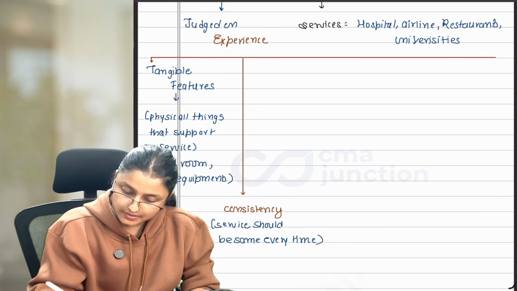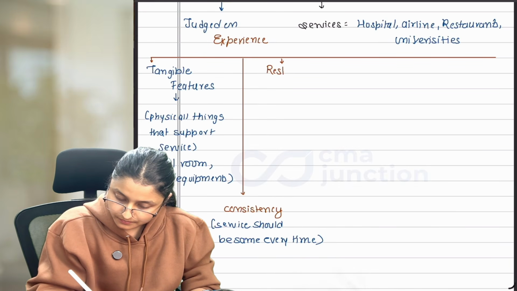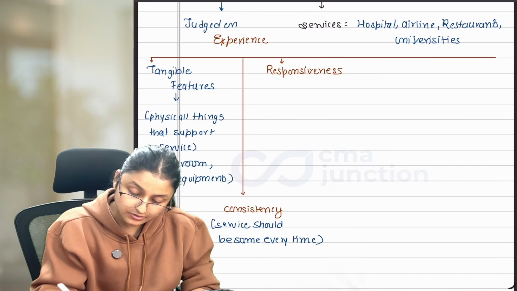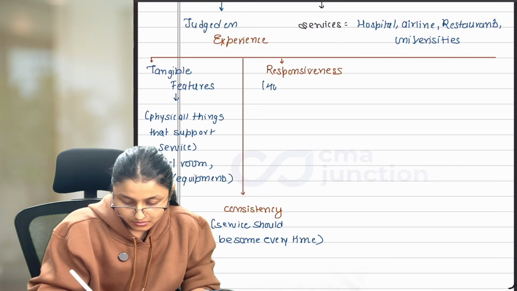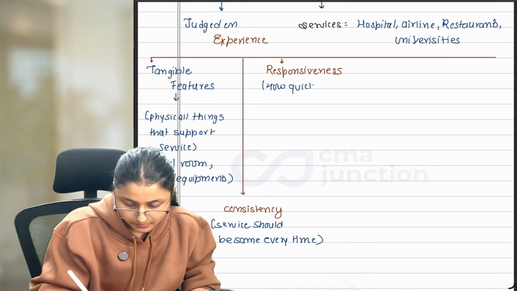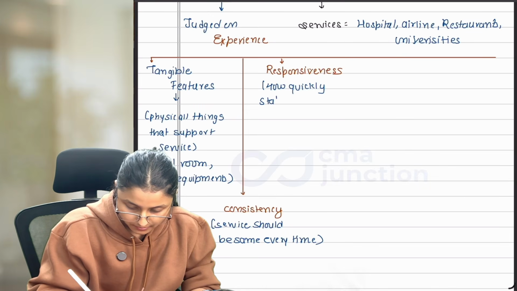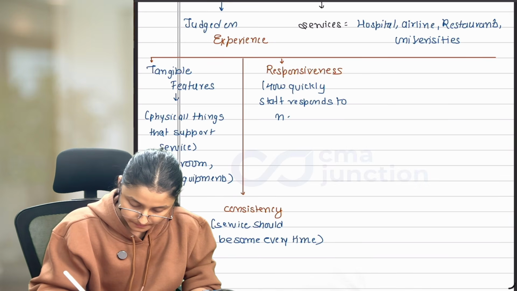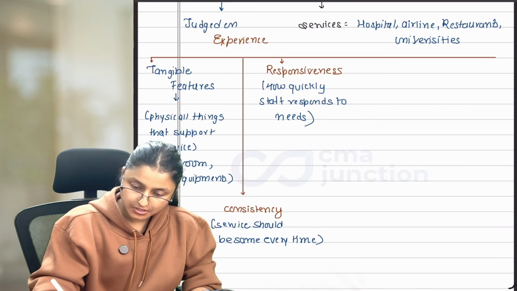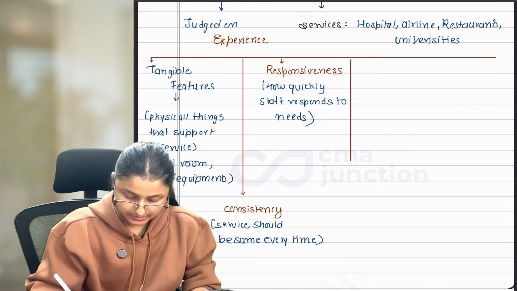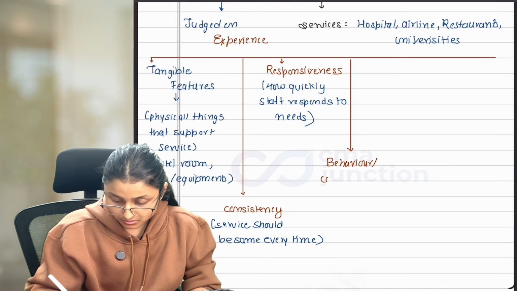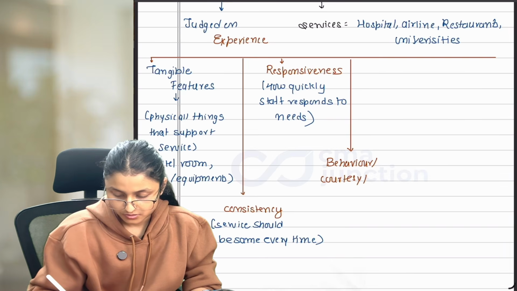Next is responsiveness. How fast the staff is responding to your needs. How quickly staff responds to needs. Next, behavior or courtesy or friendliness.